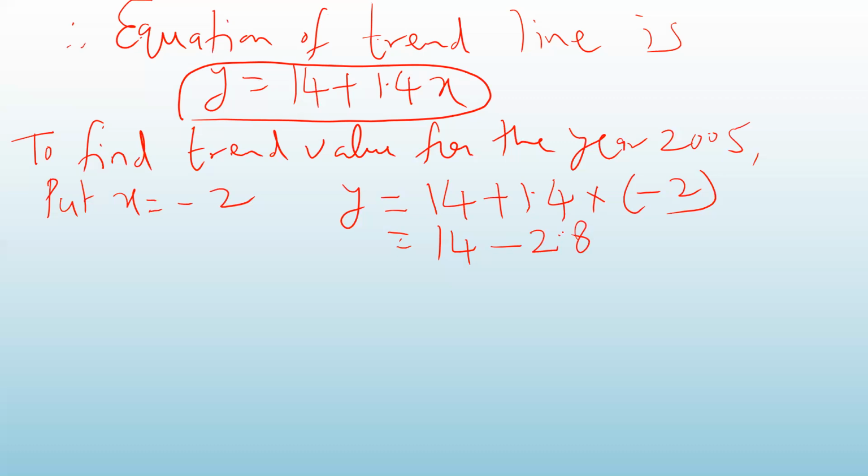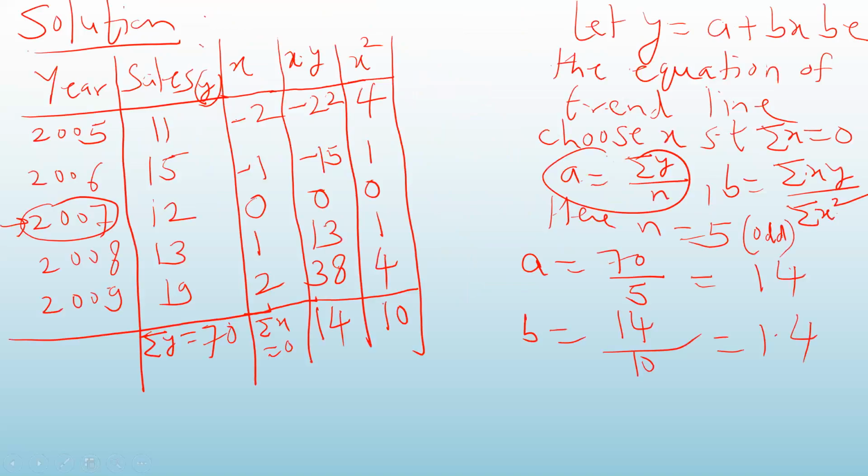Now 14 minus 2.8 will give you 11.2. So the trend value for the year 2005 is 11.2. This is how you can calculate the trend value.